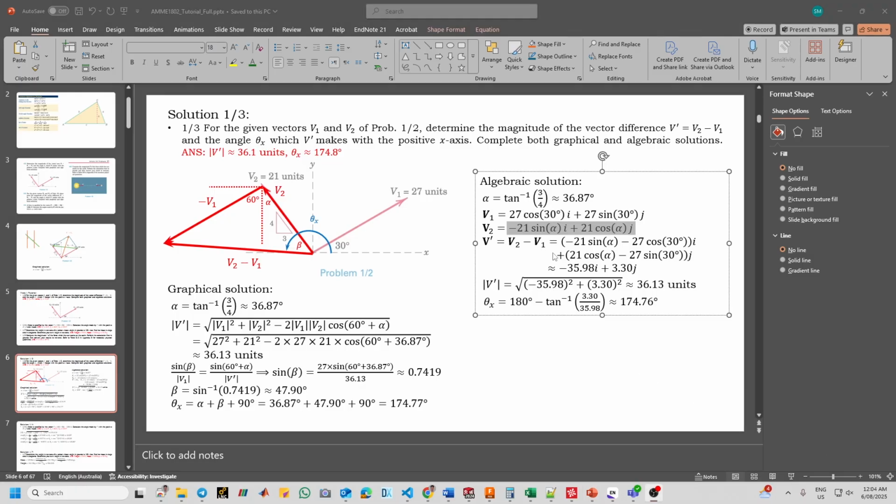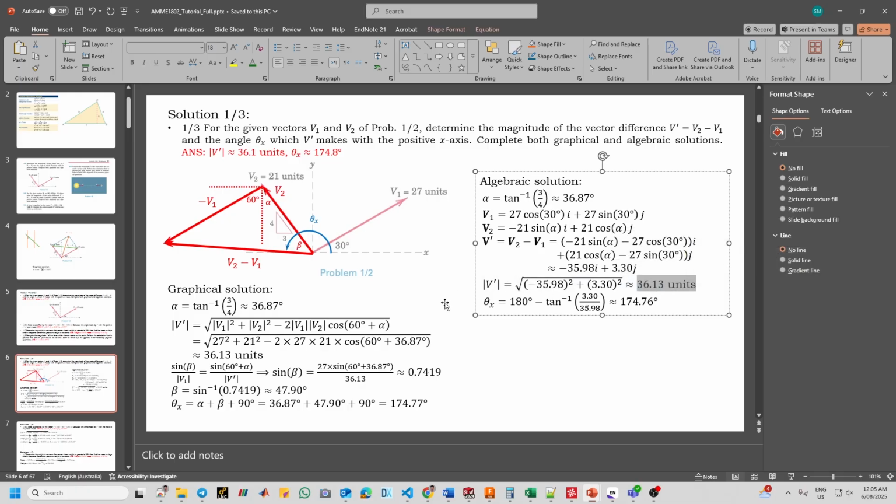When you find something similar to, for example, something multiplied by i plus something multiplied by j, the value of v prime will be the square root of this coefficient squared plus the coefficient that is multiplied by j, which is 3.3, squared, and you can find it.